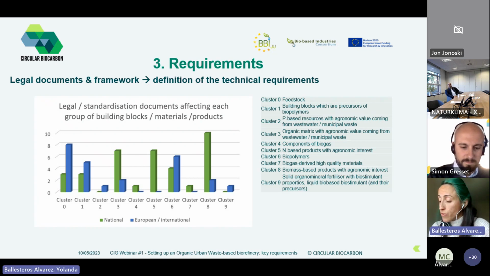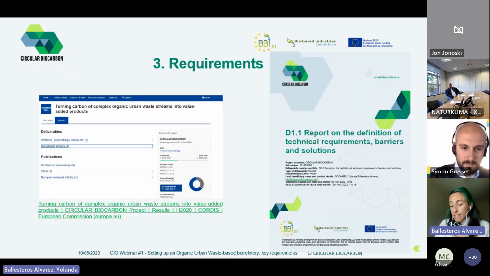As displayed in the graphic, most of the European regulations studied seem to affect the feedstock, and most of the national ones the biomass products with agronomic interest. But this is only an example. We are not going to go deep into all the results because we would need a lot more time.